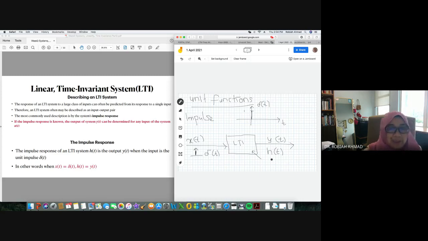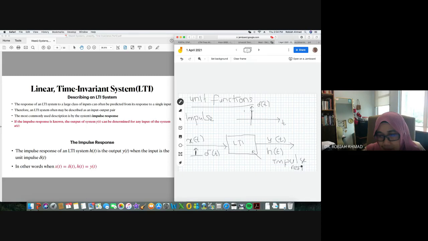Therefore, h(t) is referred to as the impulse response, for this particular impulse input. So we call this h(t) the impulse response.